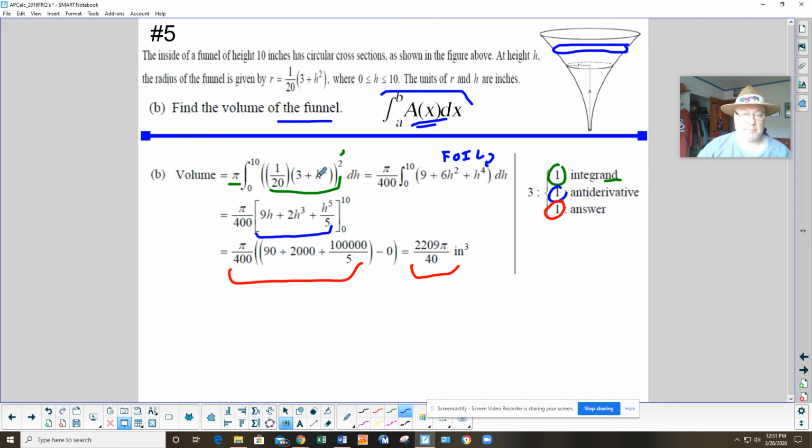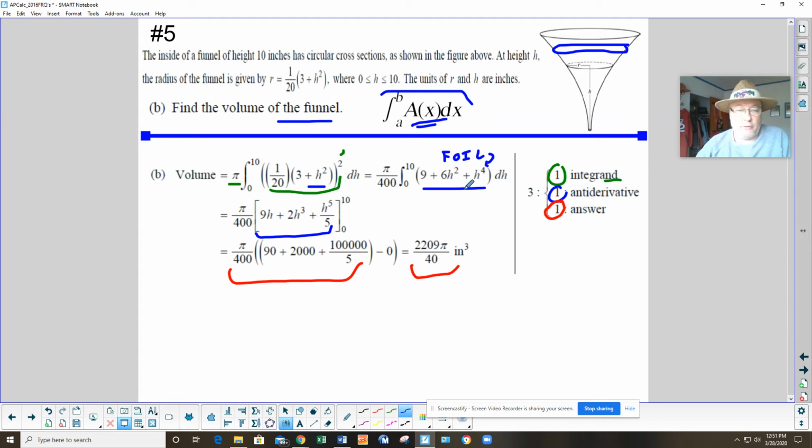So you have to write 3 plus h squared twice because you're squaring that, and you have to FOIL it out and get this. Now you can't really do this by a power rule, chain rule kind of idea, because if you do this 3 plus h squared, squared, the inside is not a constant. The derivative of the inside, the chain piece, is 2h, so you can't just divide by the 2h.